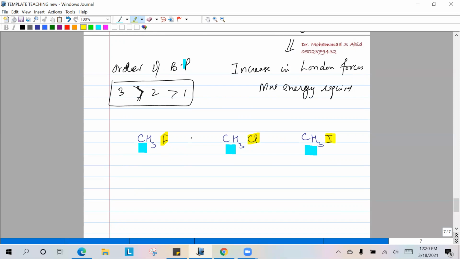Now as you go down the group, we know the atomic size increases. So what happens is the iodomethane will have the maximum boiling point, and the fluoromethane will have the least boiling point.